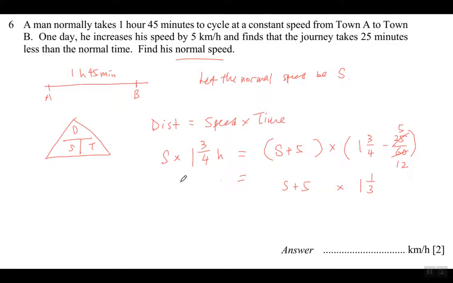This is (S plus 5) times 1 1/3 equals S times 1 3/4. Moving this over, 1 3/4 divided by 1 1/3 equals 1 and 5/16, so (S plus 5) equals S times 1 and 5/16.